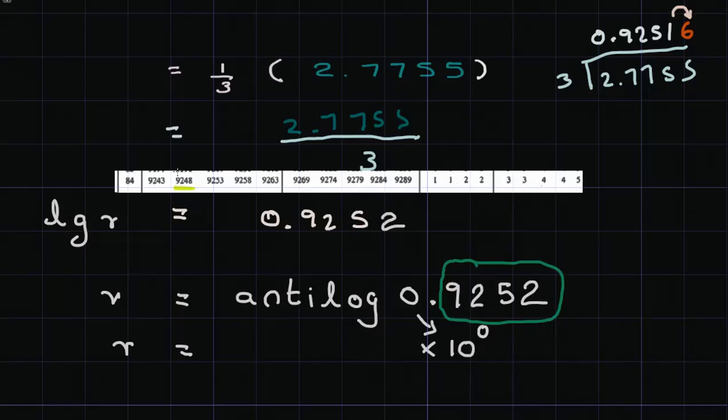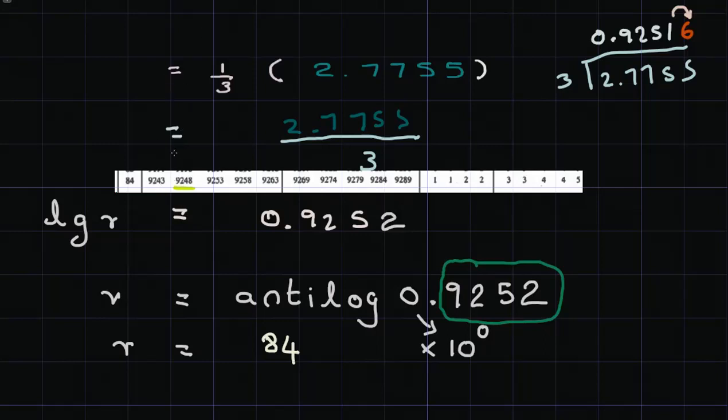In the first column. If you need the column number, you look up. All right. So let's record it. 84th row and 9248 is in the column number 1.